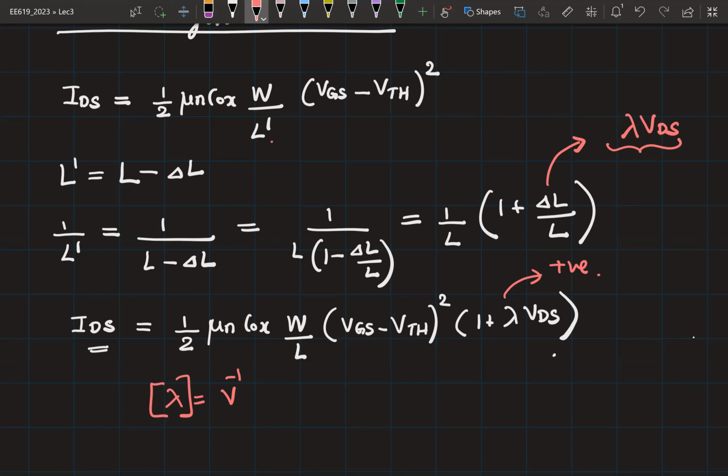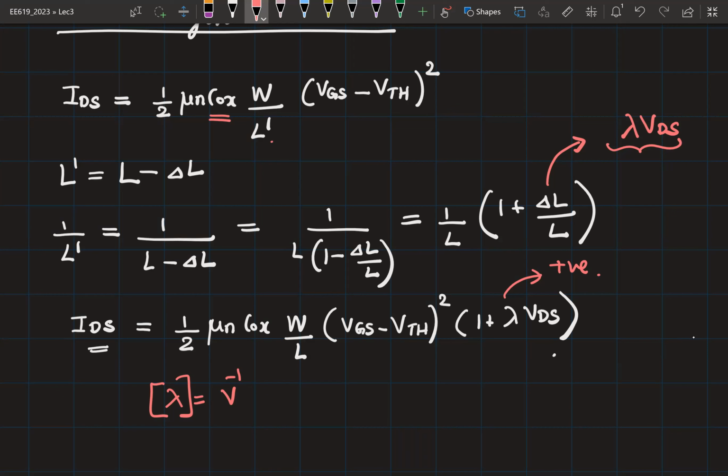The problem with this empirical fitting is that the results you get are valid within a certain region. For example, here we deal with COX, which is epsilon OX by TOX. If I change TOX to any value, provided I know the exact values of TOX and epsilon OX, I can calculate the COX exactly. But for parameters like lambda, the fitting has been done under certain conditions.